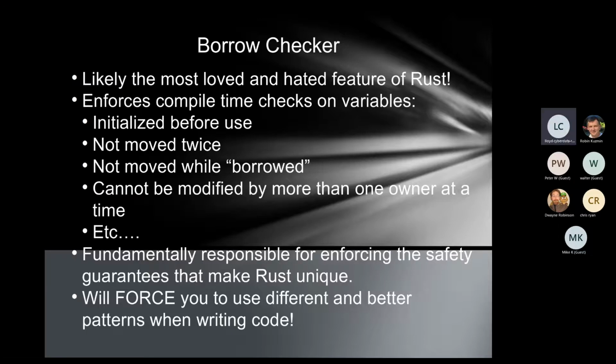The most prevalent one is you can have any number of read references to the object at a given instant. Once you establish a write or mutable reference to an object, that's it. Until you release that mutable reference, that's all you get. So you get fundamentally one owner at a time for modification.